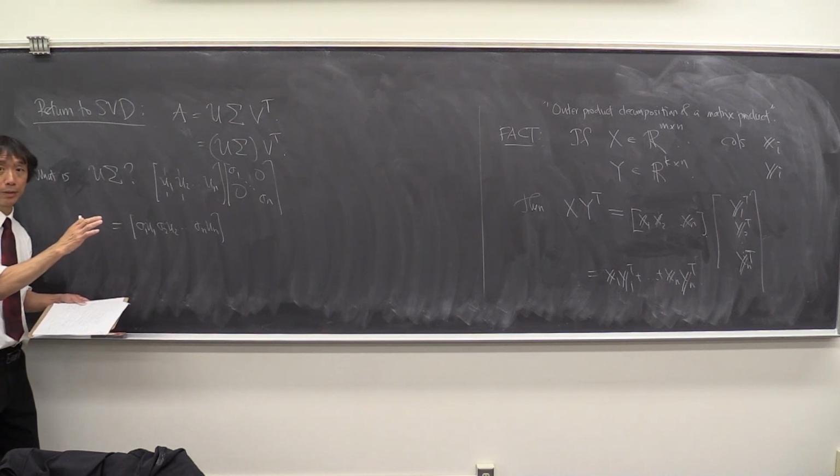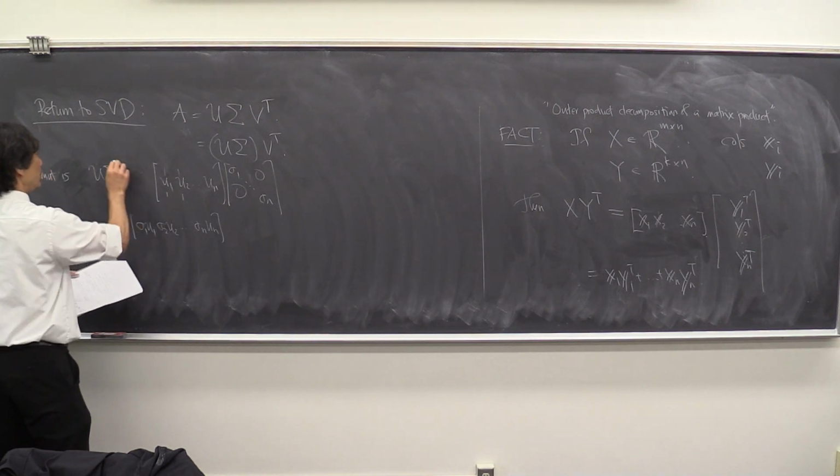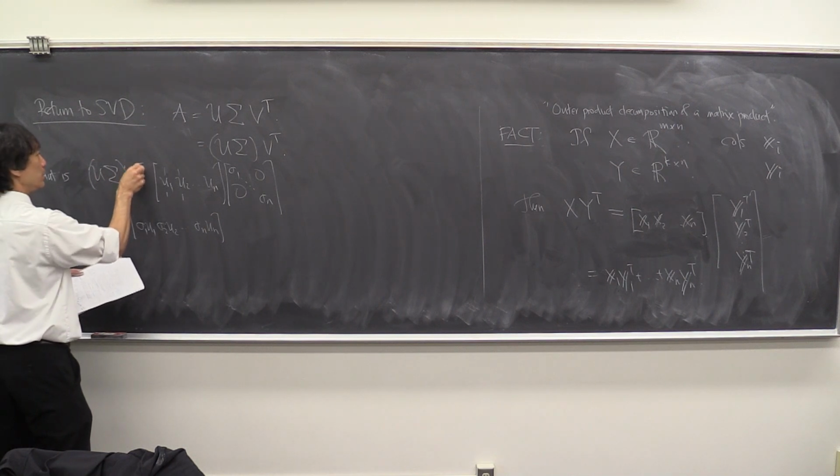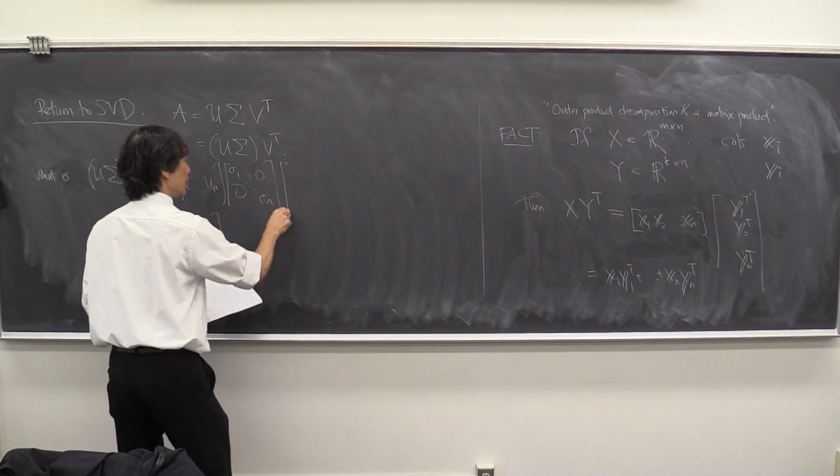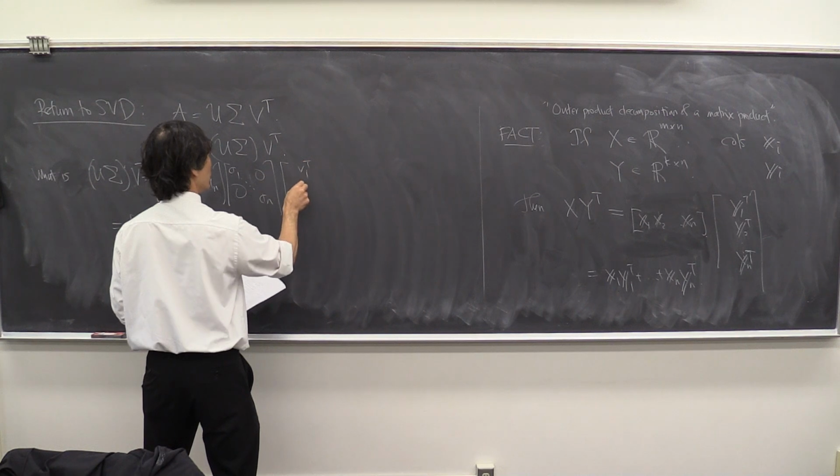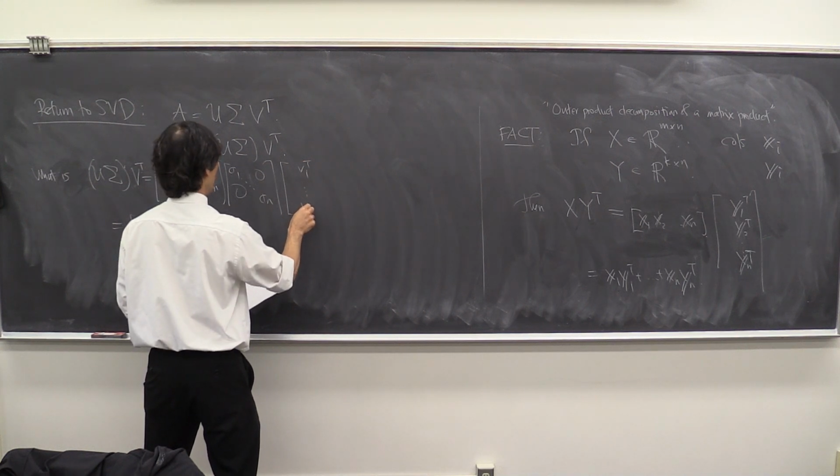Okay. So now let me just throw on V transpose. So that is going to be V1 transpose through Vn transpose.